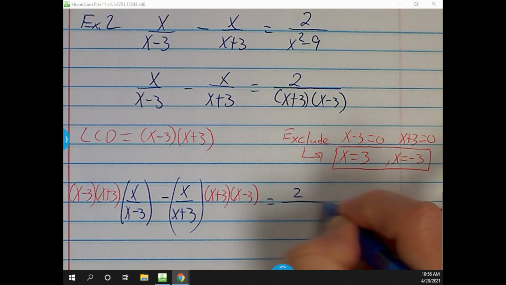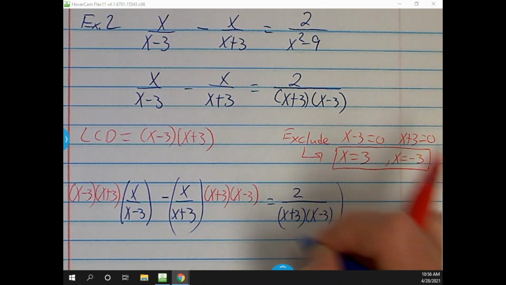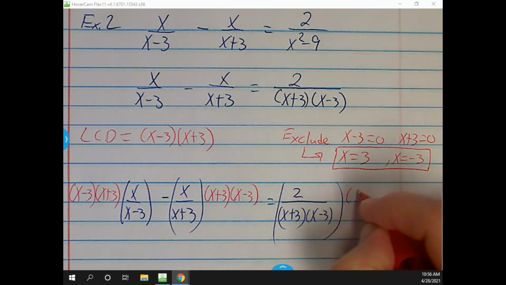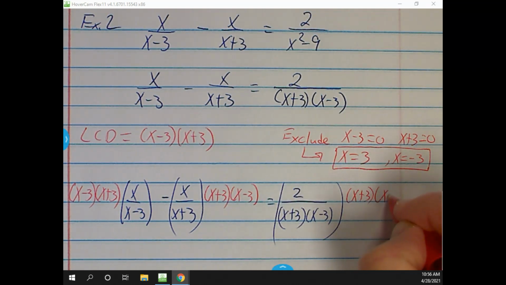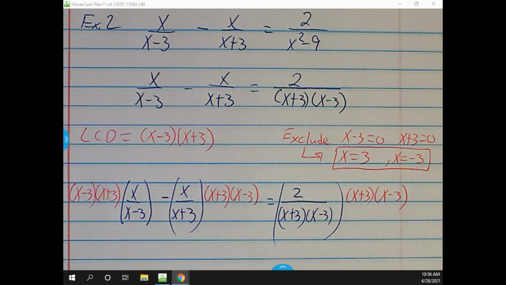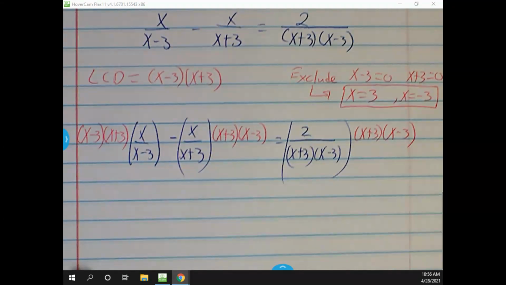Equals 2 over (x plus 3)(x minus 3), times (x plus 3)(x minus 3). Okay, I'm going to slide this up a little bit.